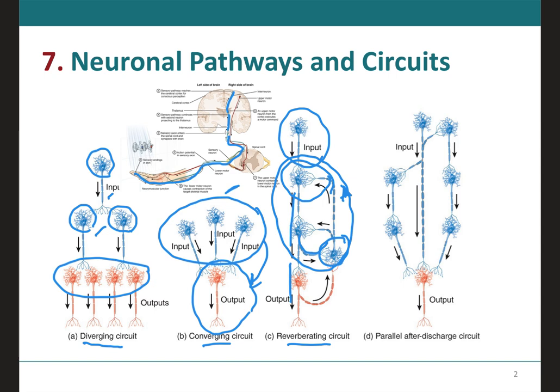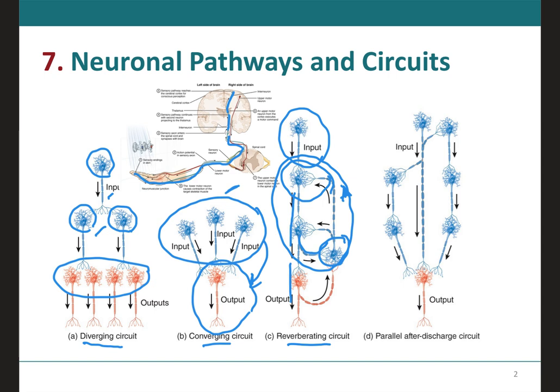Among the body responses thought to be the result of the output signals of this reverberating circuit are breathing, coordinating muscular activities, walking, sleeping, and even short-term memory. So when you have a thought process that's stuck in your brain and you can't get rid of it, that would be a type of reverberating circuit.